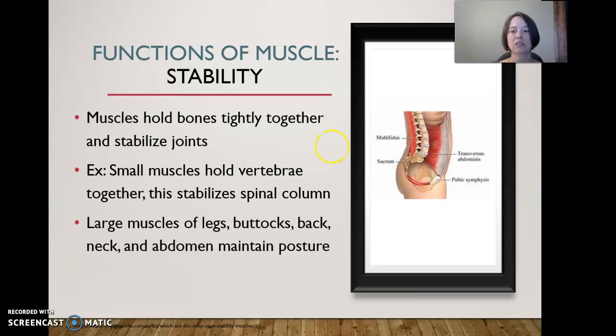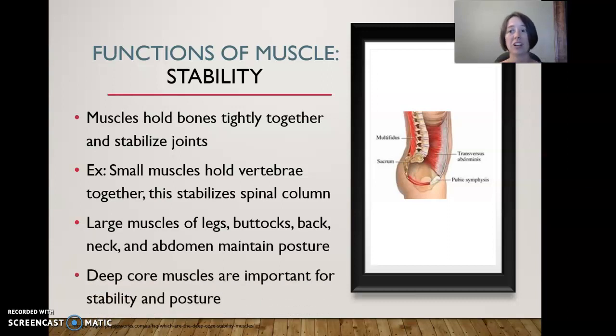So the large muscles of your legs, your buttocks, your back, and your neck, and your abdomen, they help maintain posture. So when you stand up, when you sit down, you're using those muscles to keep your body where it is. And then you have those deep core muscles are especially important for stability and posture.